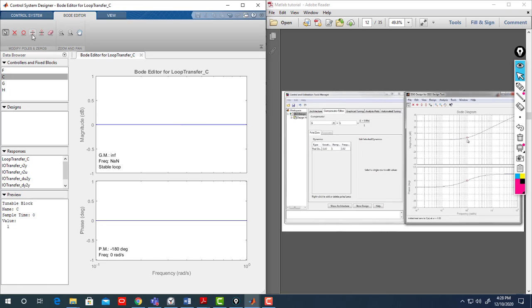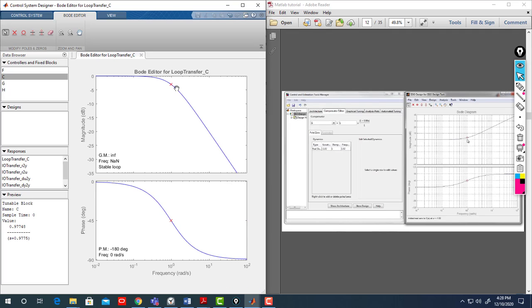Now, when we added a pole, remember what's happening. The system will go to -90 degrees and with -20 decibel per decade. As we saw, that's the crossover frequency, which is 1 radian per second.